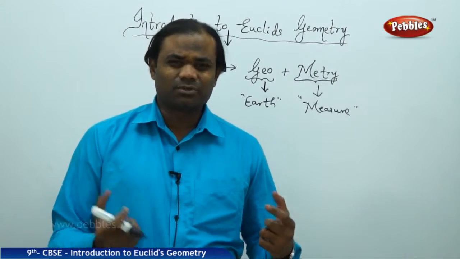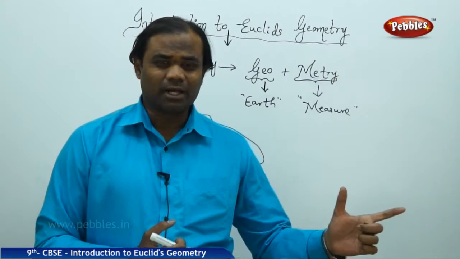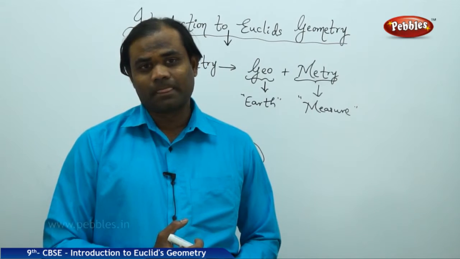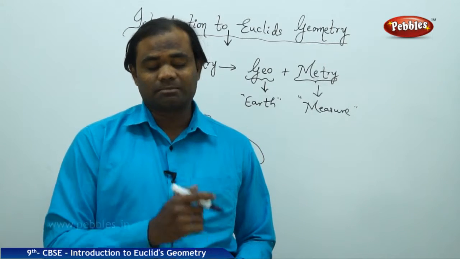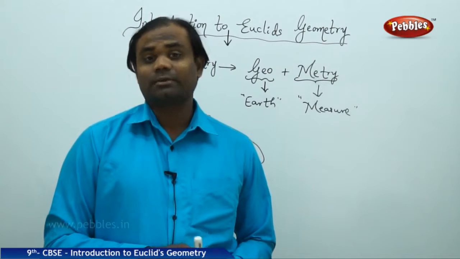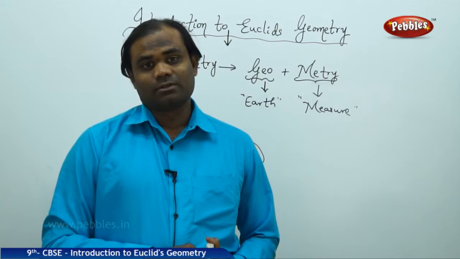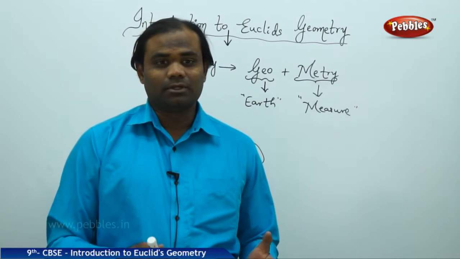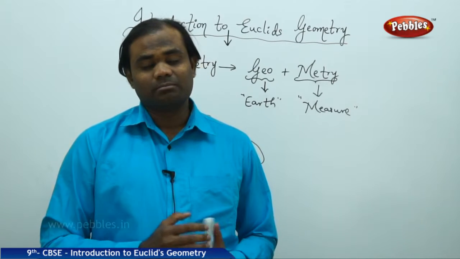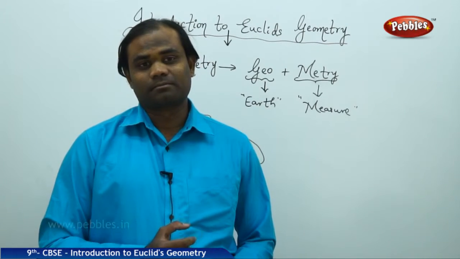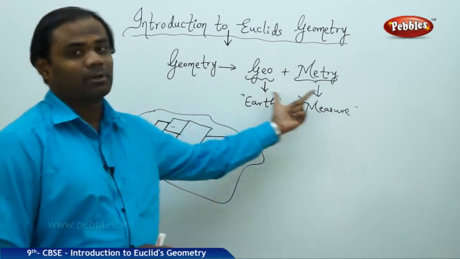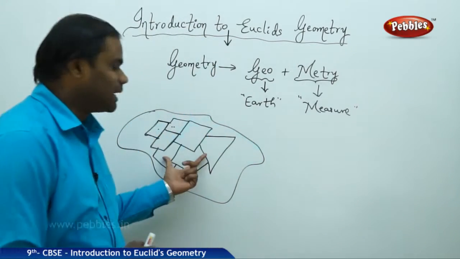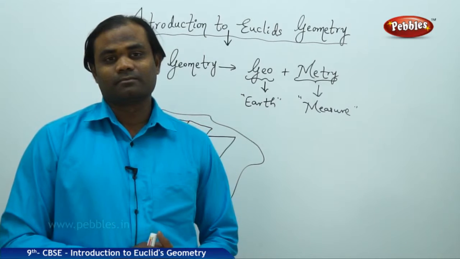The farmers during those times had various issues regarding the exact geometrical structure of their farms. This was a serious problem historically. So mathematicians came to expect some mathematical solution for this problem, and hence arose the topic geometry, the measure of earth, the measure of the lands, the measure of the plots.